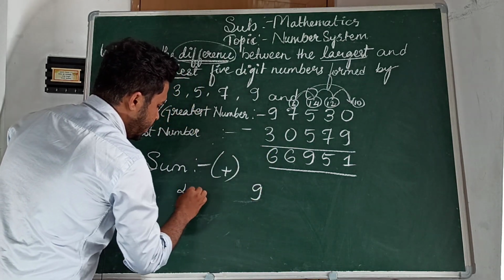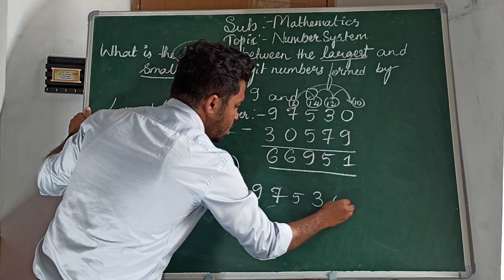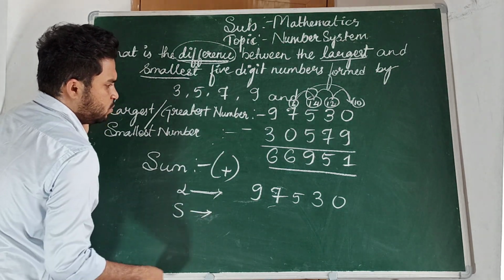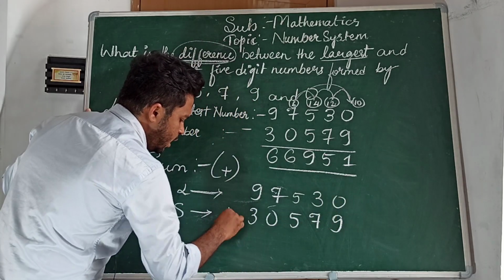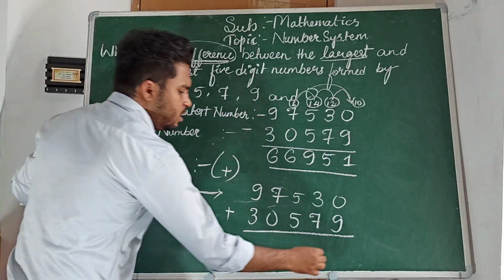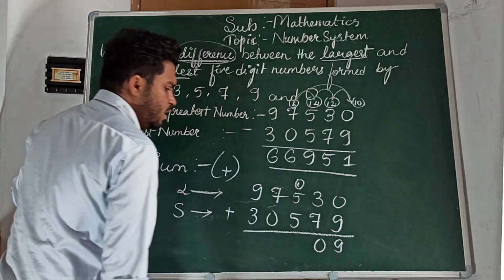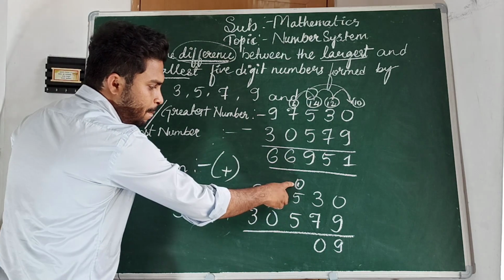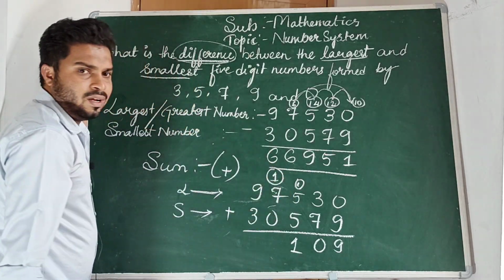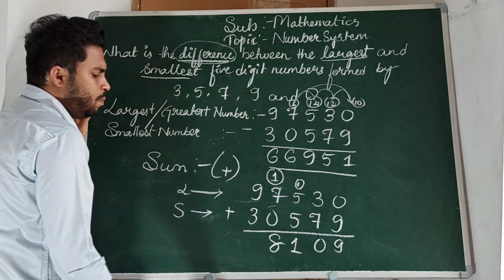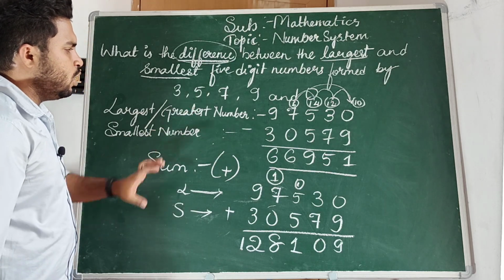The largest number you will get is 9, 7, 5, 3, 0, and the smallest number you will get is 3, 0, 5, 7, 9, and it's addition now. 0 plus 9, 9. 3 plus 7, 10, 0, 1 carry. 5 plus 5, 10, plus 1 carry, 11, here also 1 carry. 7 plus 1, 8. 9 plus 3 is nothing but 12. So this is what you have done, sum, and here you have done what?